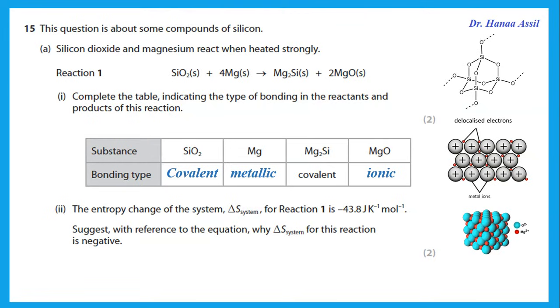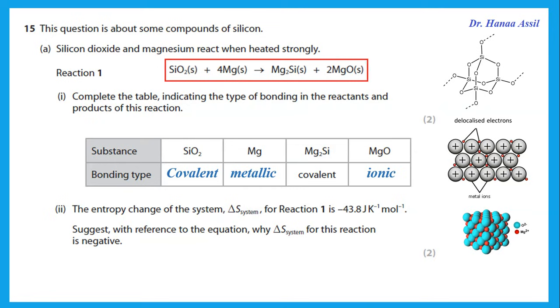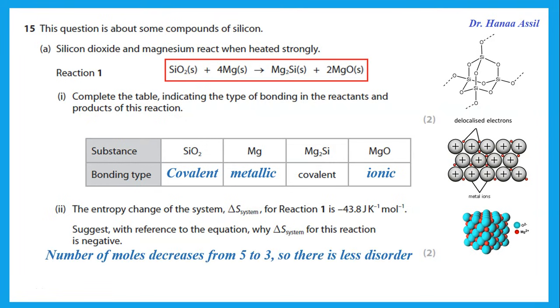Looking at the reaction, you should realize that it should be negative because we look at the coefficients, and the coefficients tell you that before the arrow we have a total of 5 moles, giving a total of 3 moles. That means a decrease in number of moles. A decrease in number of moles means less disorder. That means the delta S of the system is negative.